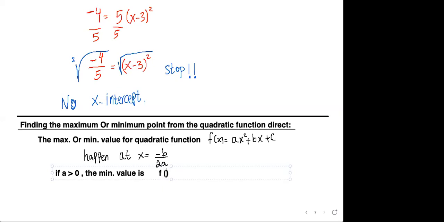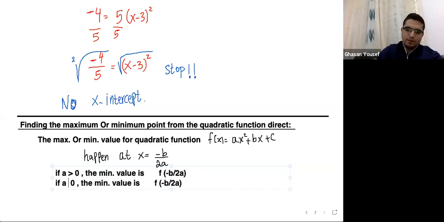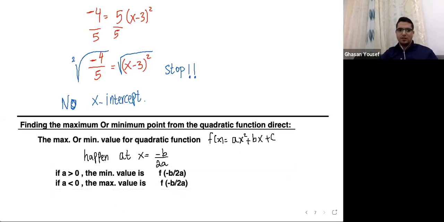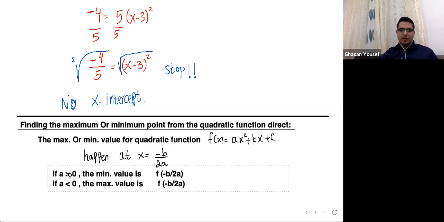And if a is a negative number, the function has a maximum. The value is f of minus b over 2a. This is your question? I answered your question.